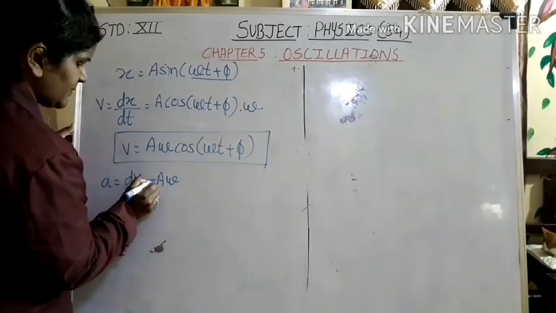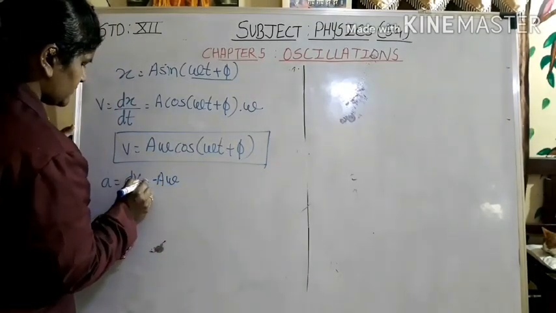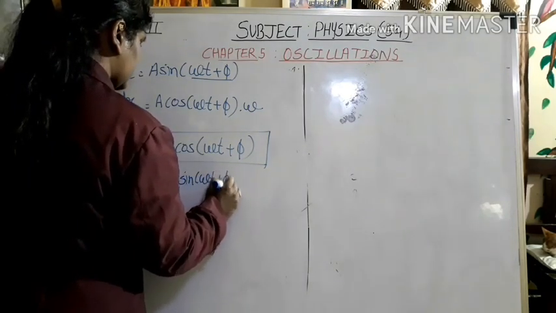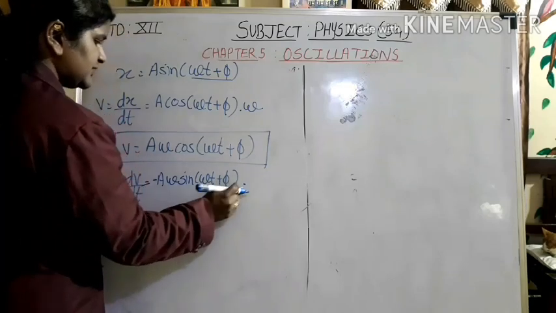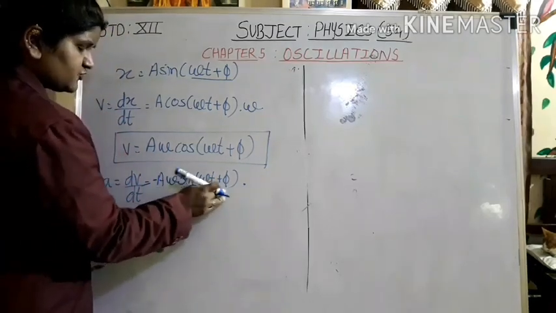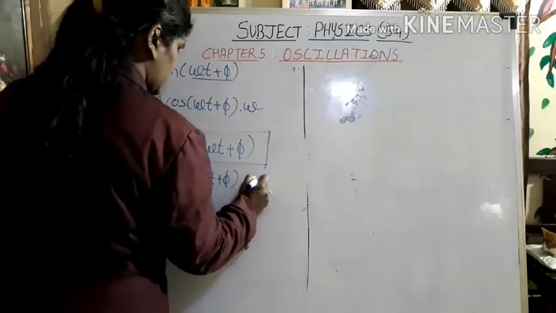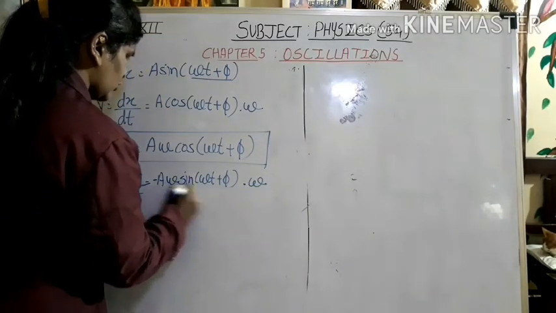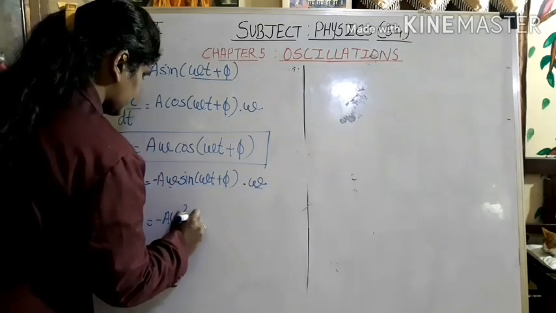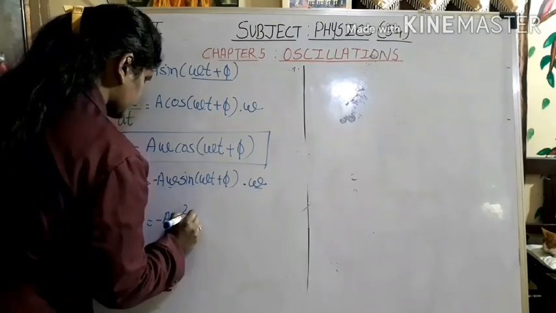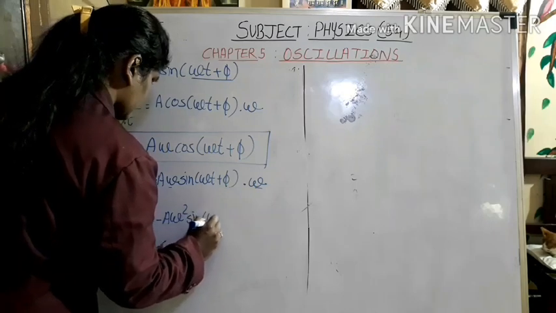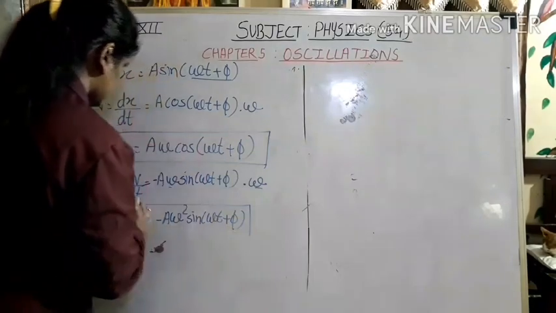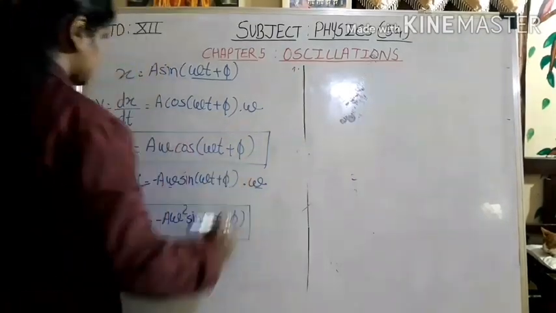So I will put a minus sign over here, minus sin omega t plus phi into the derivative of this, which is omega. So I will get acceleration as minus a, omega into omega will be omega square, sine of omega t plus phi. So I got the value for acceleration also.